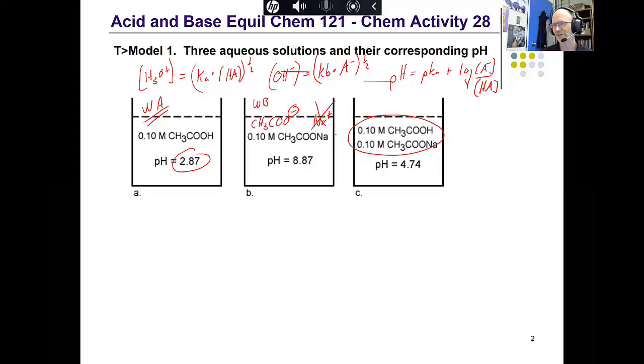Now, what does all of this have to do with a buffer? Well, looking in your course pack, on page 183, I have 2 definitions of a buffer. One of the definitions reads: an aqueous solution that minimizes the change in pH upon the addition of strong acid or strong base. So that's a functional definition.